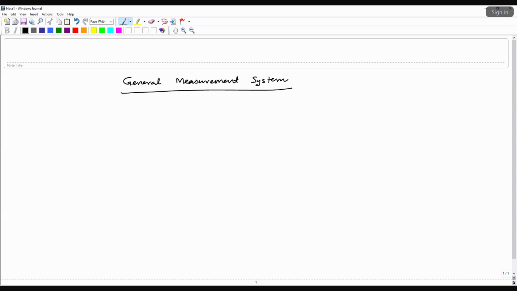Typically, in a measurement system, of course, you are measuring some variable, some quantity. So you have typically a process input, right? Let's say you are measuring temperature, then the surface whose temperature you are trying to measure, that surface temperature becomes the input.